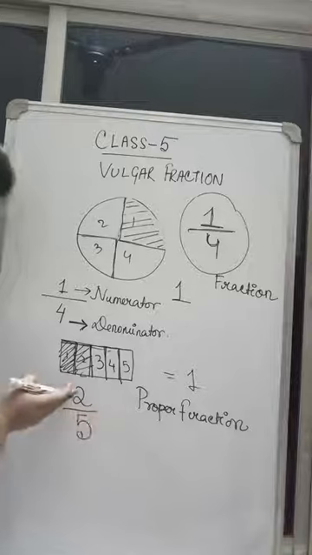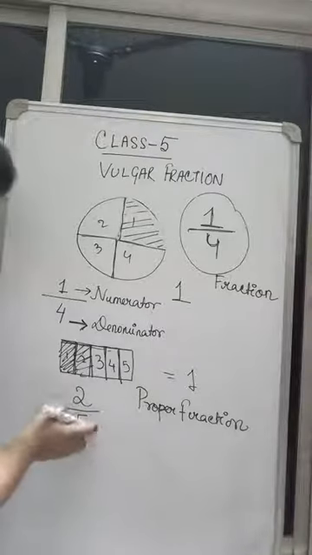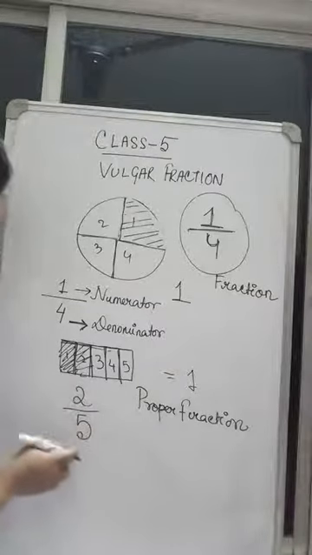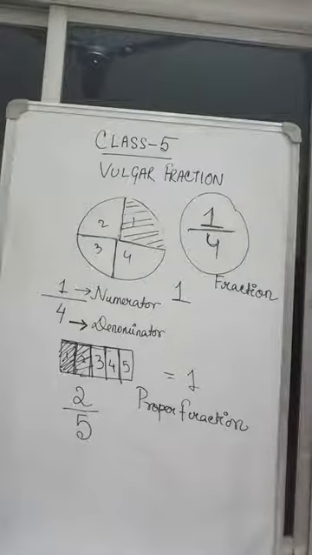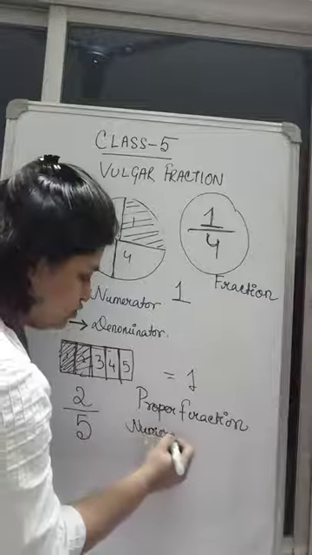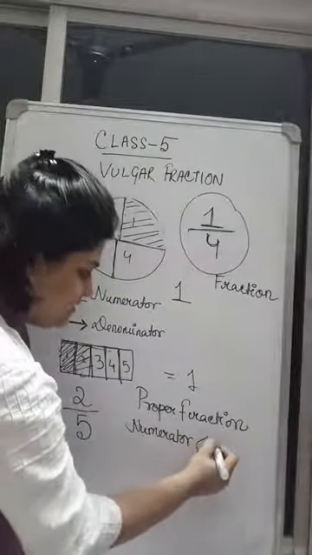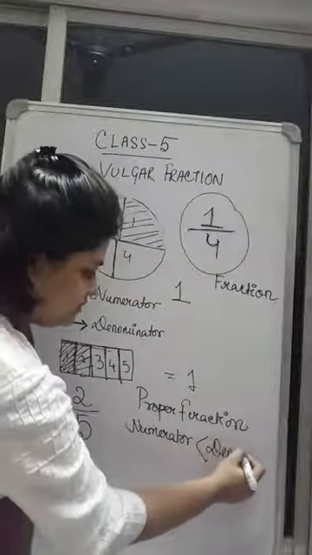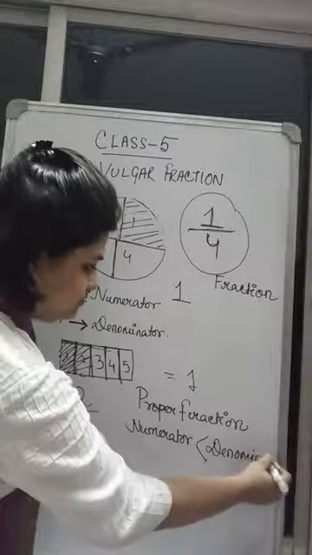It is less than the denominator value. That means the number which is written down. So the numerator should be less than the denominator.